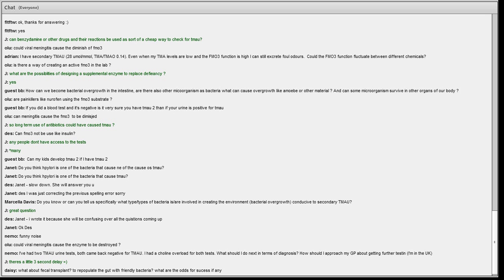But when you think about it, FMO3 is working mainly in the liver, so it's much more difficult to target FMO3 to the liver if you were just to inject it intramuscularly. So it's a more difficult problem than intramuscular injections of insulin.